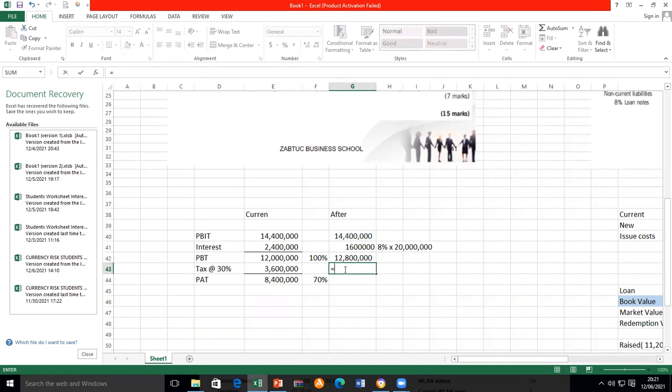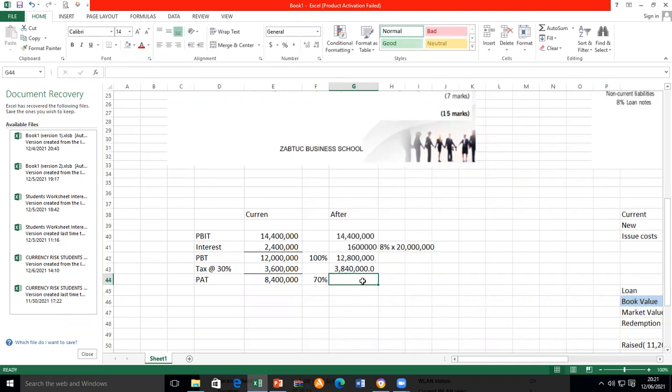And how much tax are we paying? That's how much tax you're paying. So your profit after tax now is that minus that. So this is your profit after tax. Now you can calculate our earnings per share.